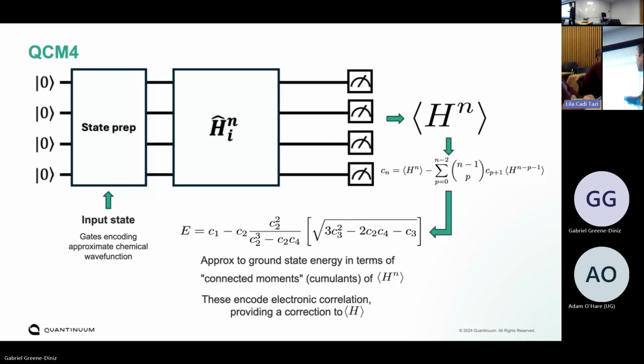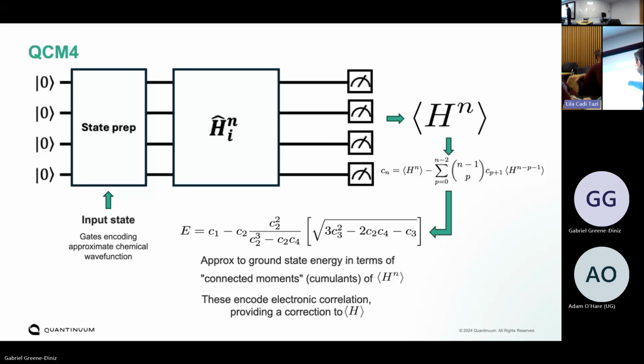On the quantum circuit, you have your state prep, and that's where the Givens rotations will be. Then you apply your moments of the Hamiltonian, and we do this in a Pauli operator averaging fashion, so there's a circuit for every Pauli term in the Hamiltonian, and in particular for every Pauli term in the powers of the Hamiltonian.